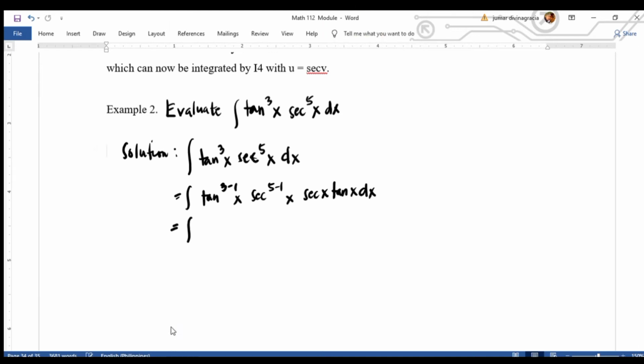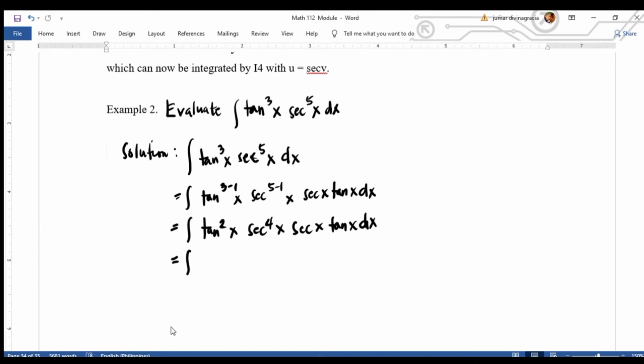So we have the integral of tangent squared x and secant to the fourth of x times secant x times tangent x dx. Then we have to substitute the identity for tangent x squared.